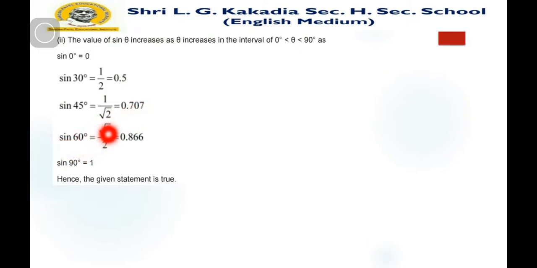Sin 60 is square root 3 by 2, which is 0.866, and sin 90 is equal to 1. You can see that as theta increases, the value of sin theta also increases. So from 0 to 90 degrees the value of sin theta increases. Hence the given statement is true.